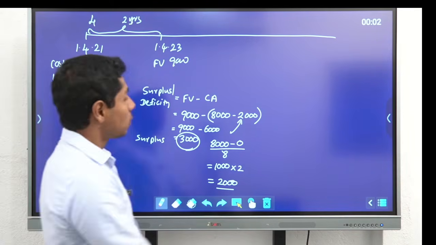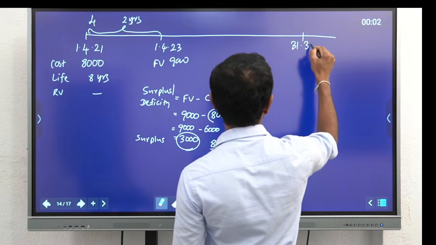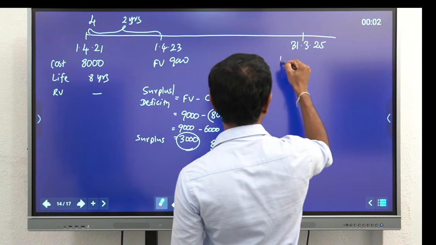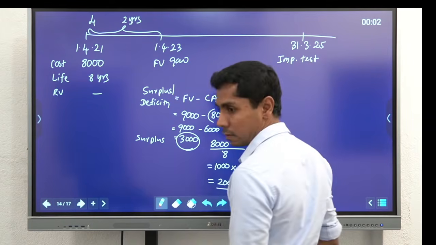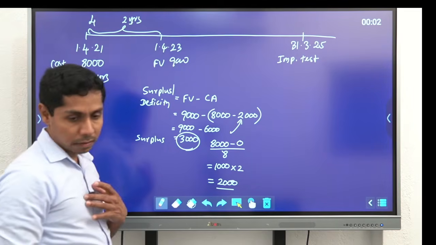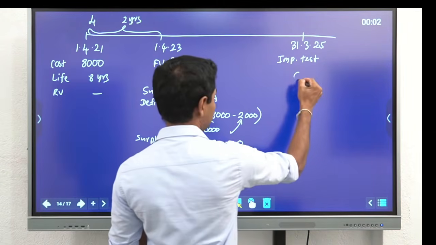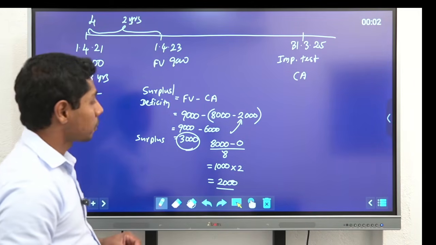Now after 2 years, on 31st March 25, we carried out an impairment test, right? For the impairment test, we have to take the carrying amount on this date. So what is the carrying amount?